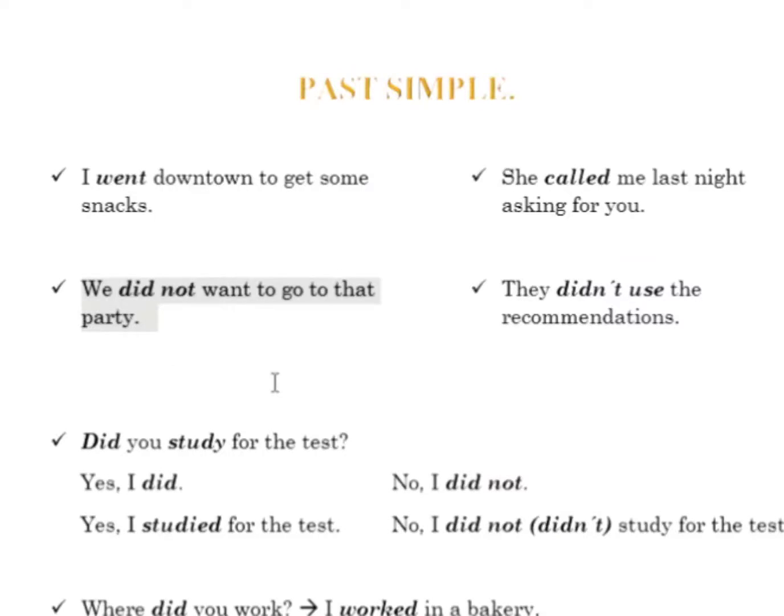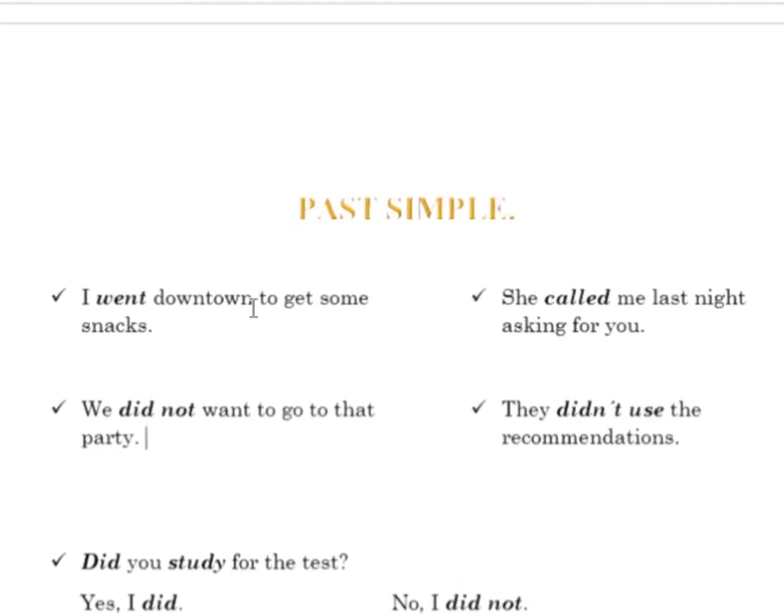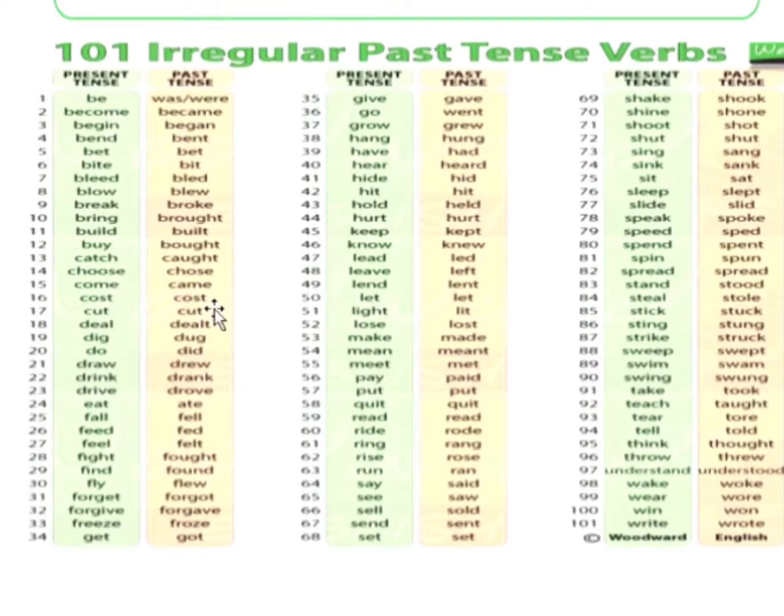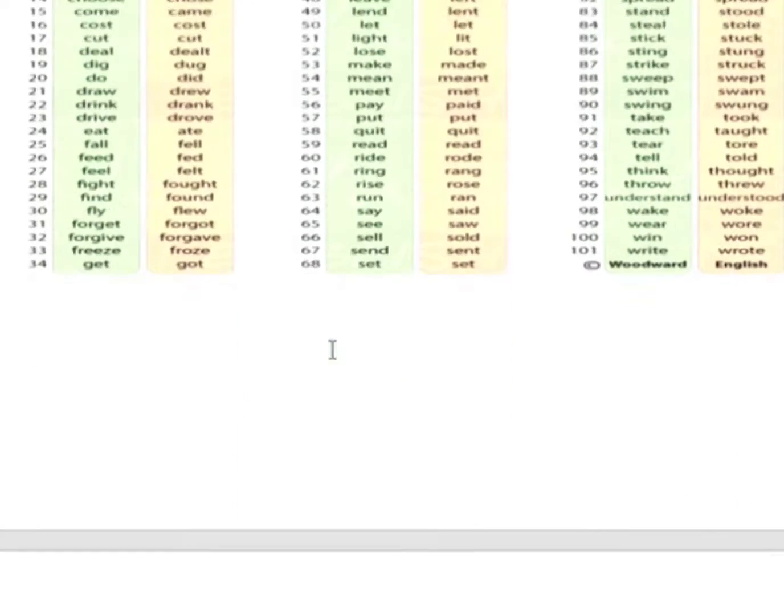In this case, we did not want to go to that party. Okay, when you have negative sentences, you have to use the verb in the infinitive or the present form. For example, you say we did not know, or we didn't know about that.